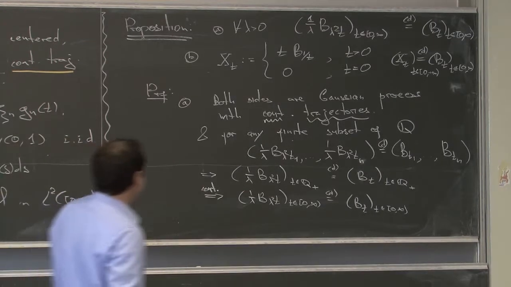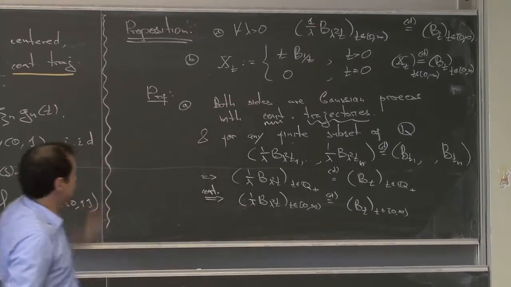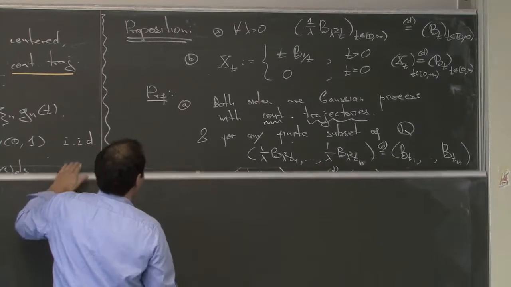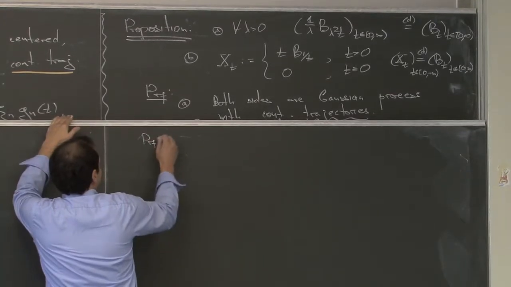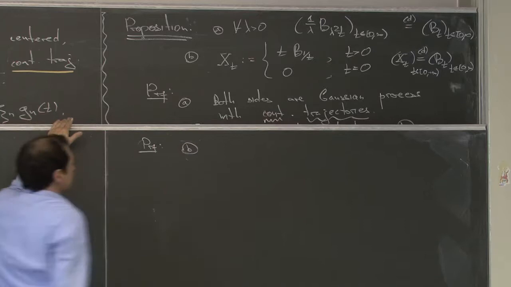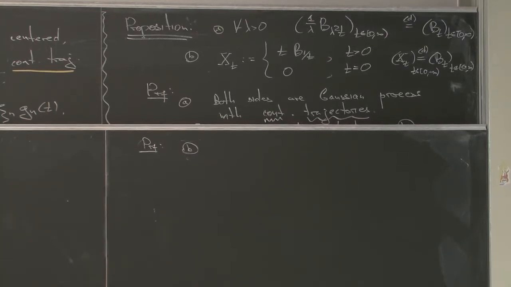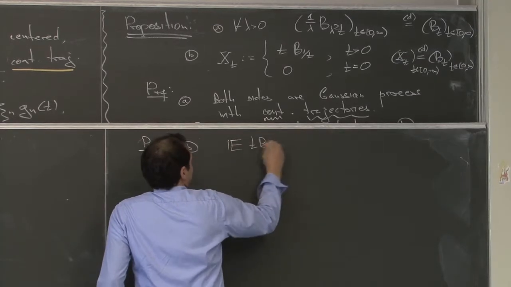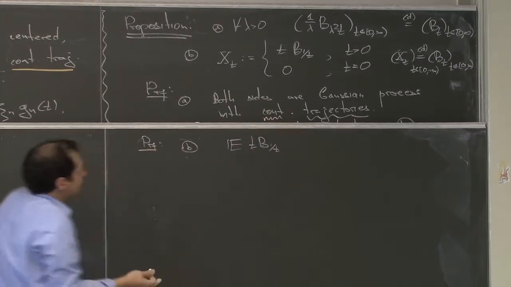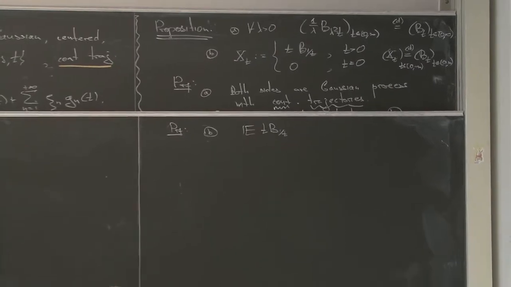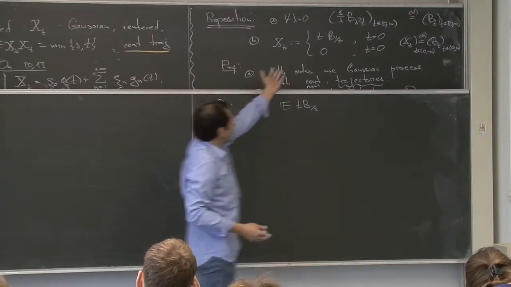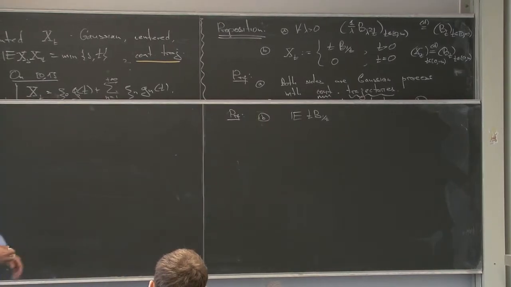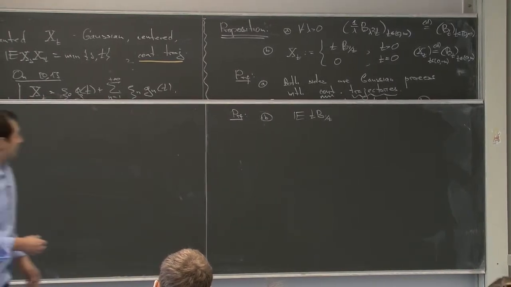Okay, so this is A. And of course, B is exactly the same. So let me prove it here. So first, you say that obviously this is a Gaussian process, because if I take any finite linear combination of values, then it's Gaussian. It's still a linear combination of some Gaussians.